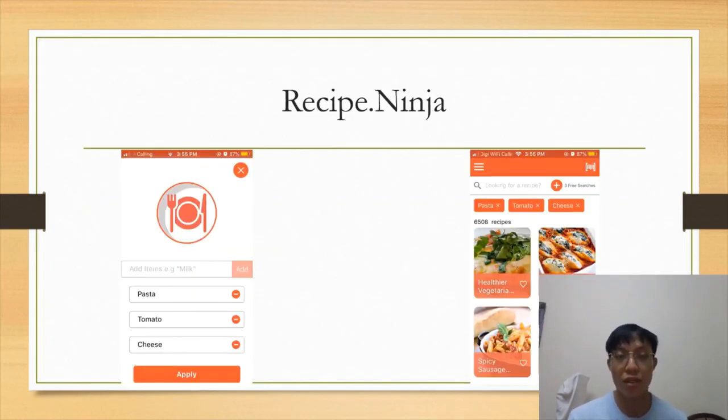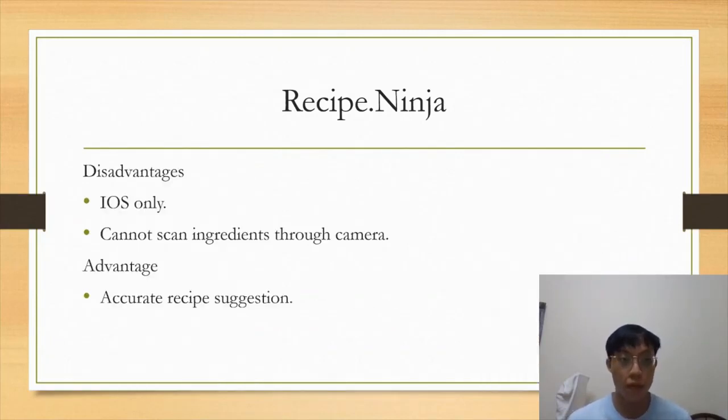The second one is Recipe Ninja. This app is a bit different from the first one, because instead of taking a photo, you need to key in the ingredients that you have, and then it will only show you the recipes and dishes that you can cook. It has the same disadvantage as the first one, which is that it is also only iOS, and it cannot scan ingredients through the camera.